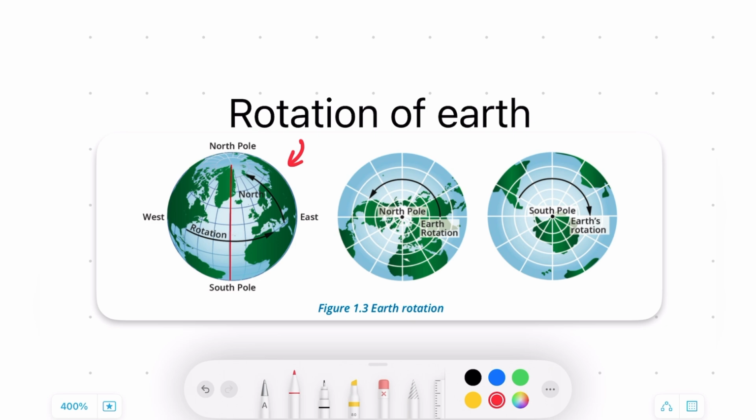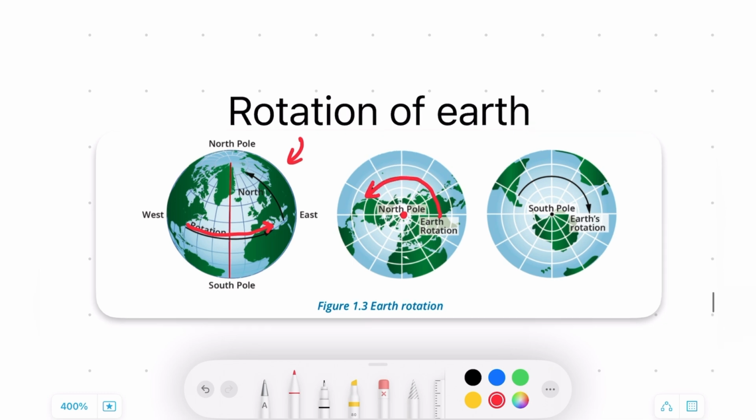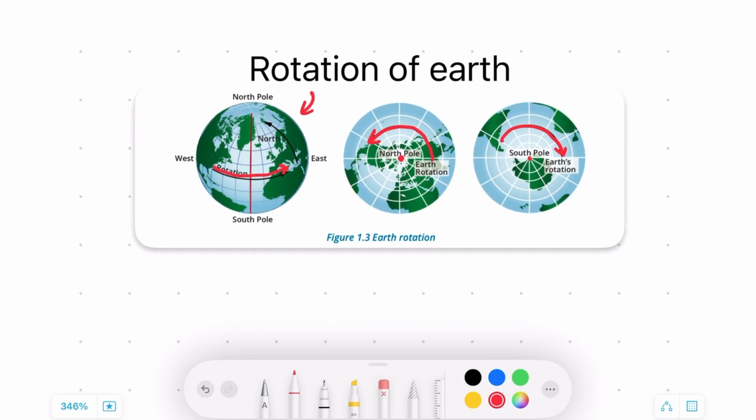When viewing from the north pole, the earth is rotating anti-clockwise, and when looking at it from the south pole, the earth is rotating clockwise. The spinning of the earth around its own axis is called rotation.